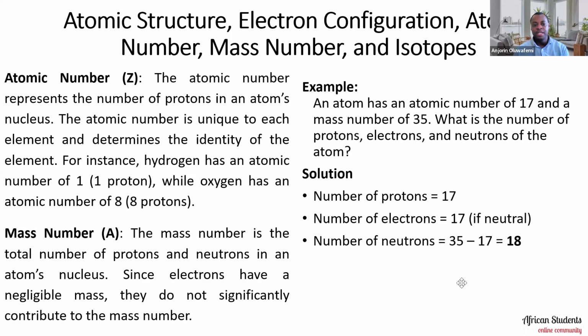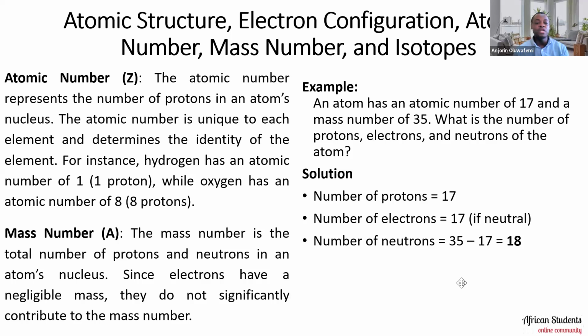It is the identity of the element. So the peculiarity of an element can be derived from the atomic number of that particular element. For instance, hydrogen has an atomic number of 1, one proton, while oxygen has an atomic number of 8, it has 8 protons, so the atomic number differs based on the position on the periodic table.